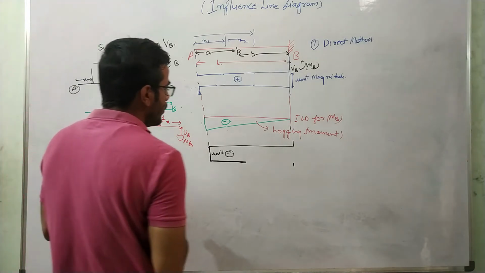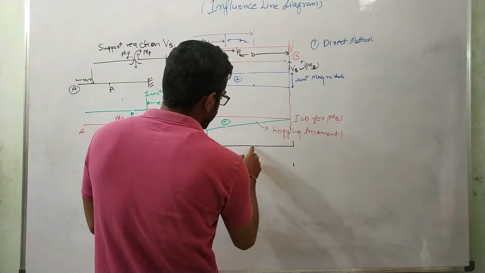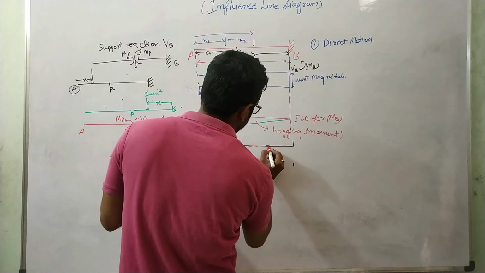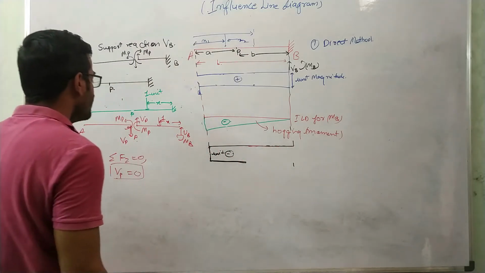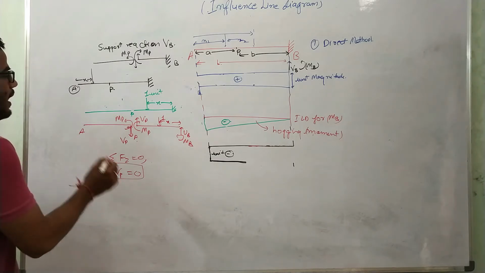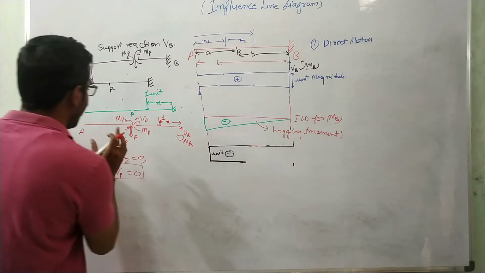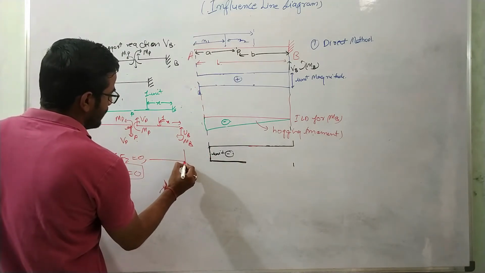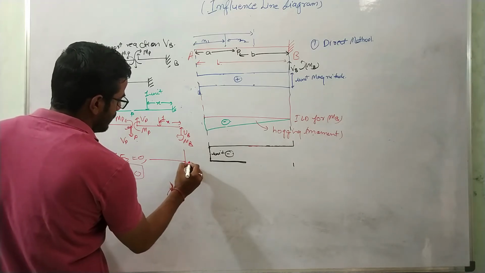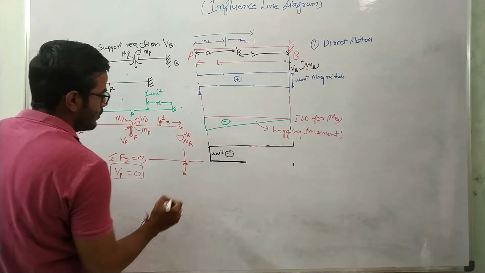At this portion, the shear will be 0. And when the load is acting just at the point P, the value becomes 0.